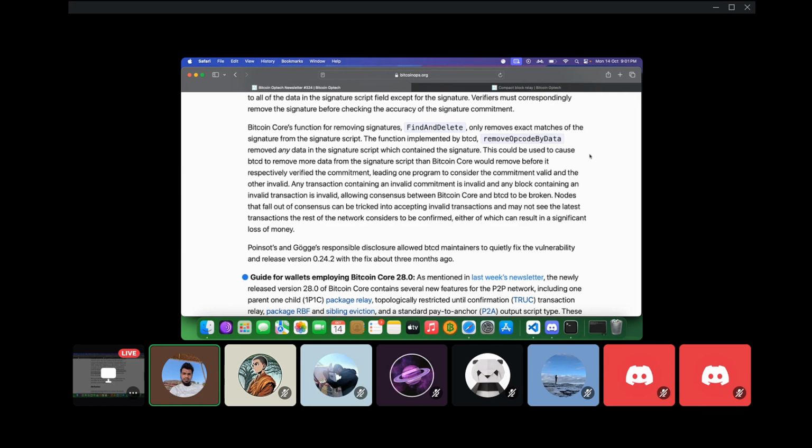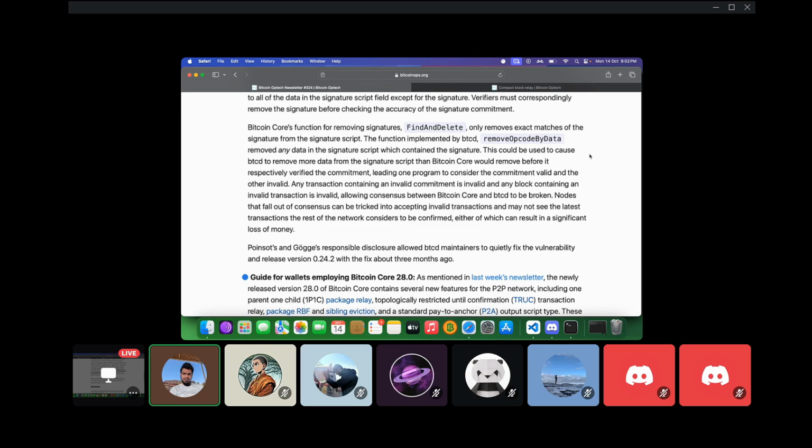Bitcoin Core would use exact match to strip off that signature, but BTCD would strip off any signature data in the signature script, which might lead to a transaction being valid in Bitcoin Core and invalid in BTCD. Thus, Bitcoin Core might consider a block to be valid and BTCD nodes might consider that same block to be invalid, which could lead to a break in consensus and a chain split between the clients running these two softwares.